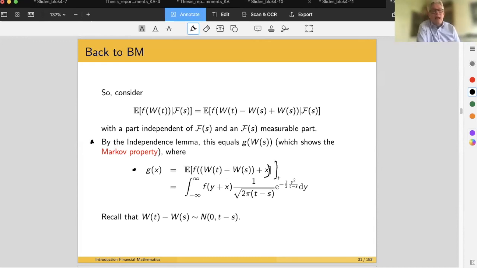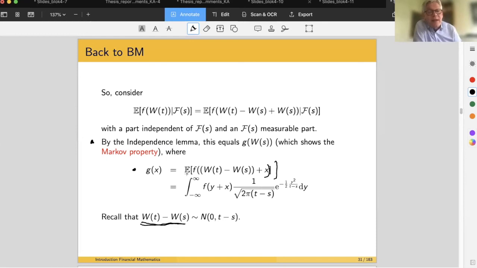Now we can write this out, but because we know for this part that this is in fact normally distributed. Recall that Wt minus Ws is normally distributed with mean 0 and variance t minus s. So we can benefit from that.